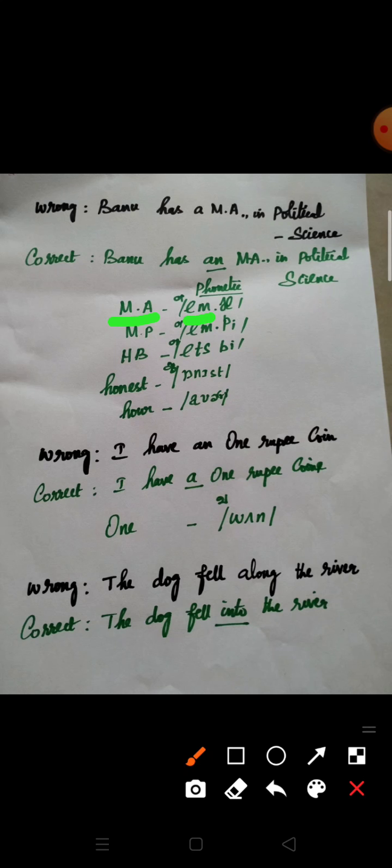So whether it starts with a consonant letter, if the pronunciation of the first letter is a vowel sound, we have to put an before that.